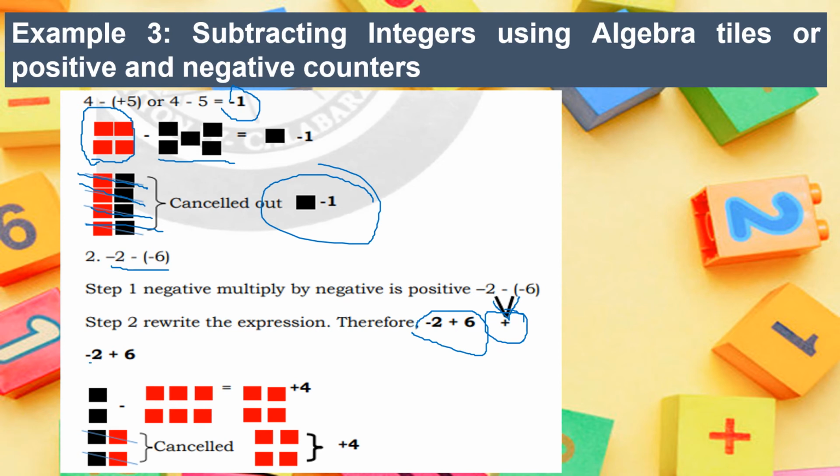So, negative 2 plus 6. So, yung black ay negative, and then yung red ay positive. So, cancelled natin yung dalawang black and dalawang red. So, ang natira ay red. And the answer will be positive 4.